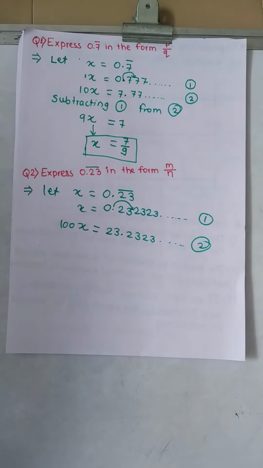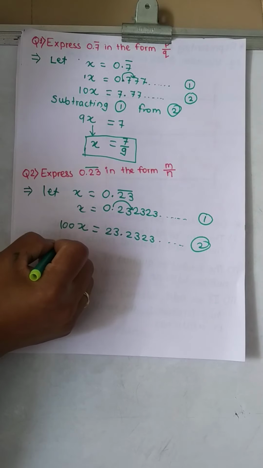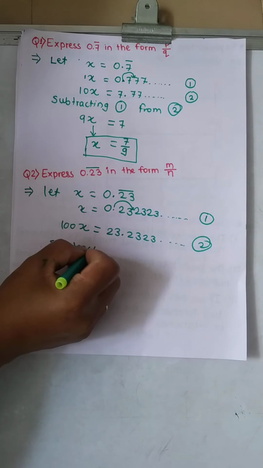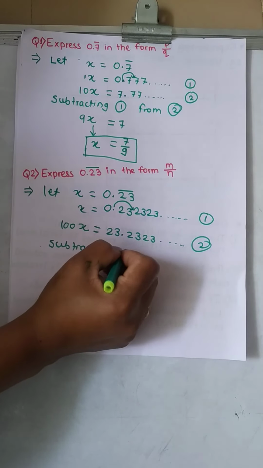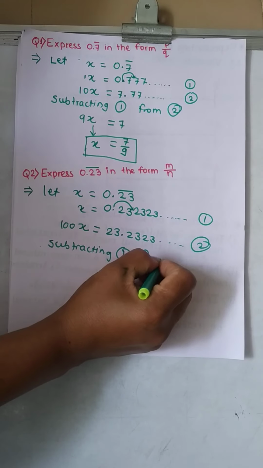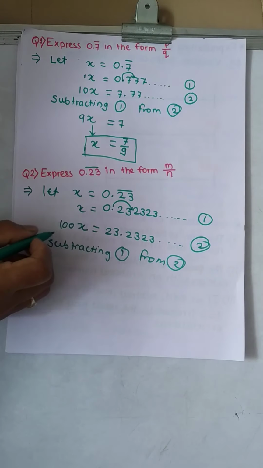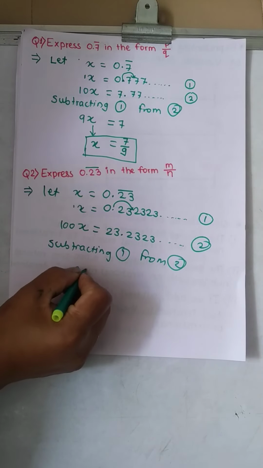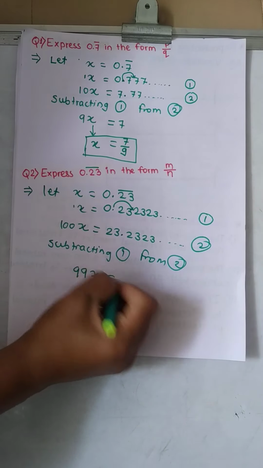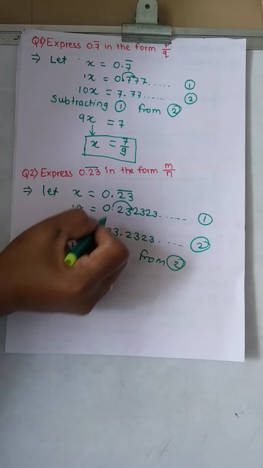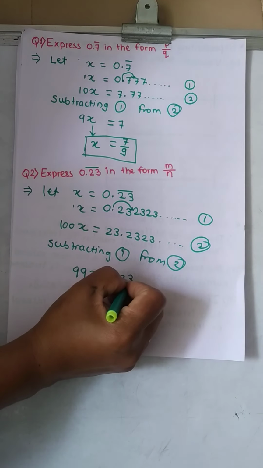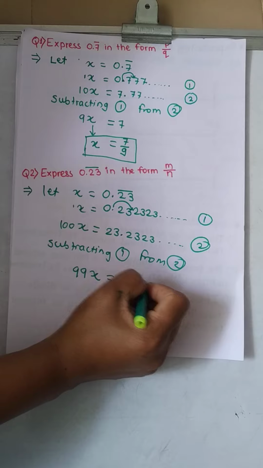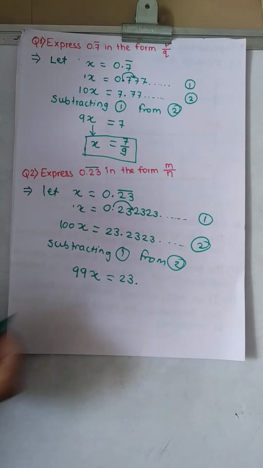What we have done, subtracting 1 from 2, in the same manner. 100x minus x is 99x, equals 23.2323... minus 0.2323..., which is 23.